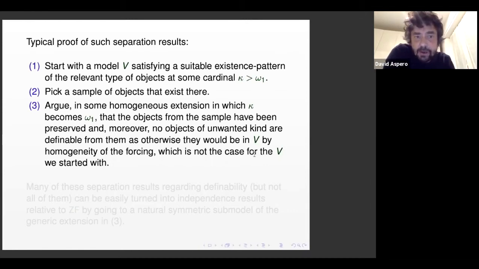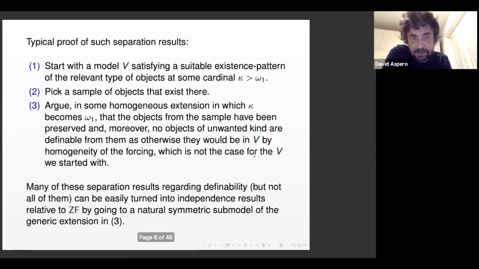And then you go to some homogeneous extension in which kappa becomes omega 1, and the objects from the sample have been preserved, and moreover, no objects of unwanted kind are definable from them. Why? Because otherwise they would exist in V by the homogeneity of the forcing, which was not the case for the V you started with. Okay, so that's the general scheme of these proofs.